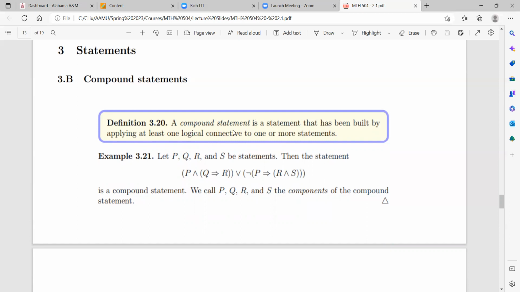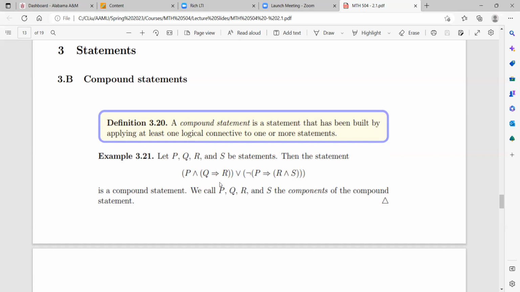Previously, we just talked about one logical connective and maybe one or two statements, but you can have more than those in both. So for example, P, Q, R, and S are statements. So there are 4 statements here. Then you can make a statement like this, pretty complicated, and it is still one statement. It is a compound statement. So you have and, implication, negation, implication here and here again.